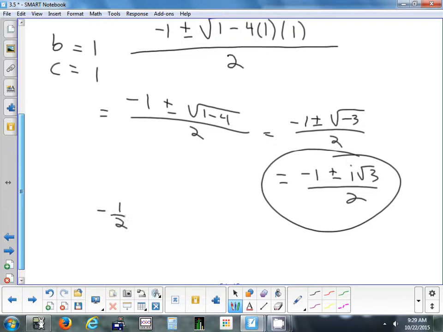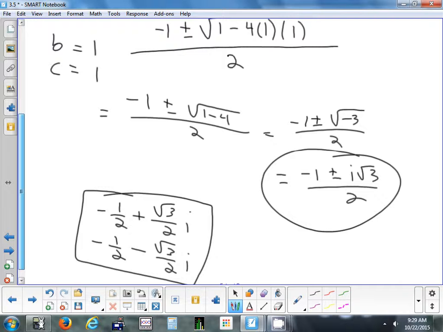Negative 1/2 plus, dividing by 2, root 3 over 2i. And the other answer is negative 1/2 minus root 3 over 2i. These are the two answers I've written here circled in standard form.